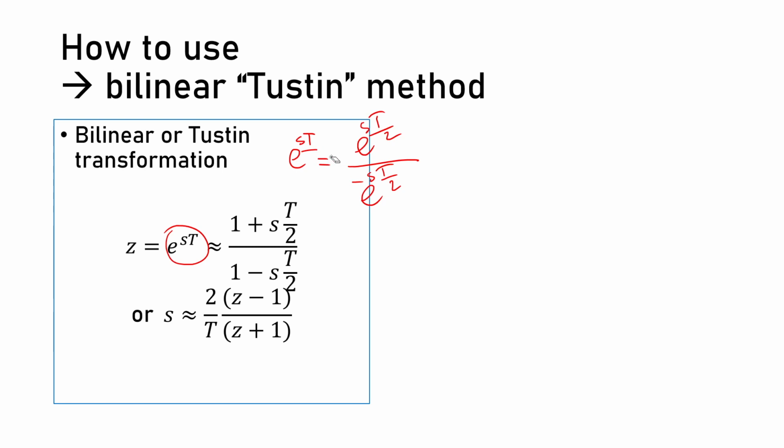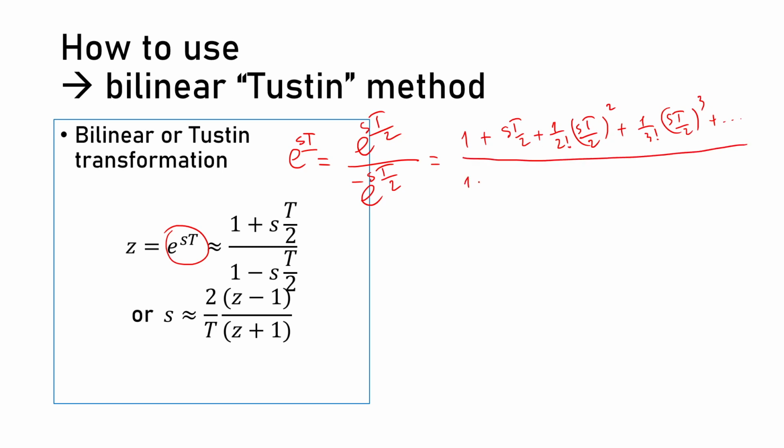And if you use Taylor series expansion, you have this one, 1 plus sT over 2 plus 1 over 2 factorial (sT over 2) squared plus 1 over 3 factorial (sT over 2) cubed and higher order terms, right?